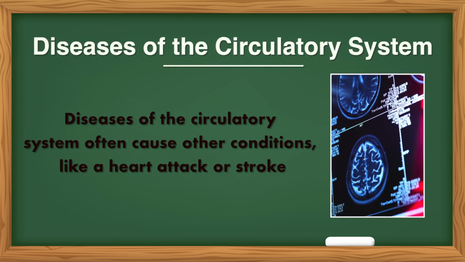This increases the pressure, but decreases the flow of the blood. The heart must work harder to overcome these blockages. Diseases of the circulatory system often cause other conditions like a heart attack or stroke.